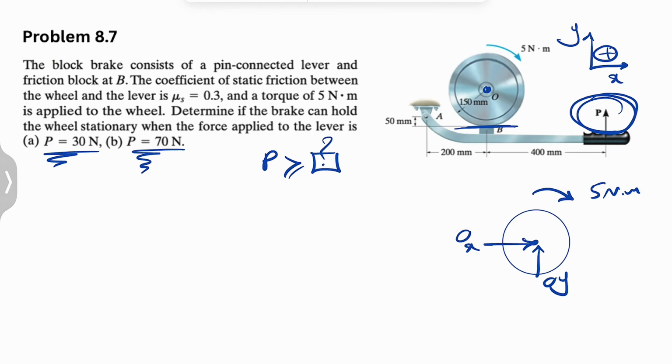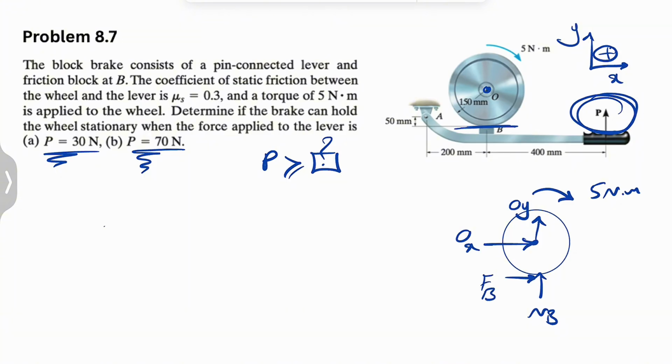Here we're going to have one normal force, which we call NB, and one friction force. Because the wheel is rotating in this direction, the friction is going to be resisting that, so we're going to call this FB.